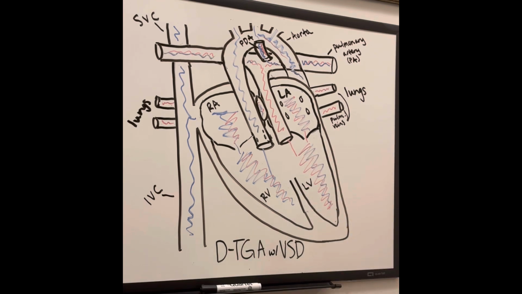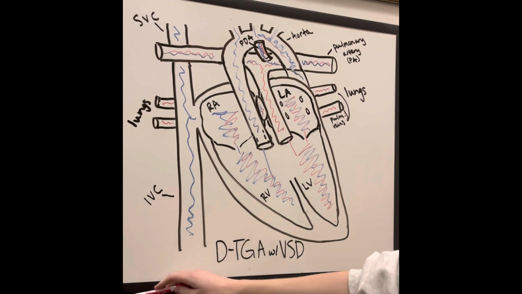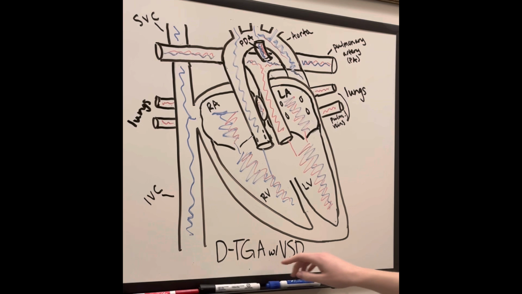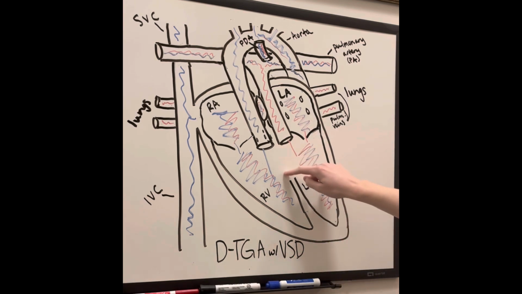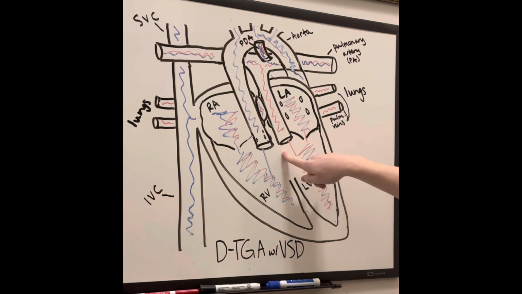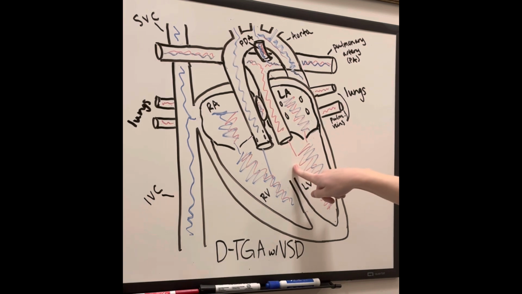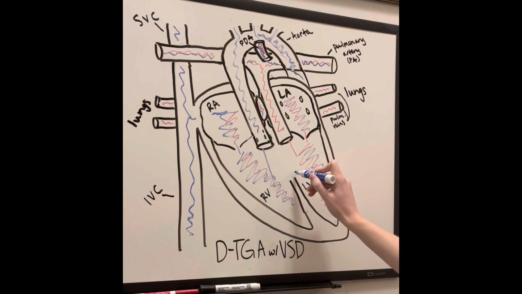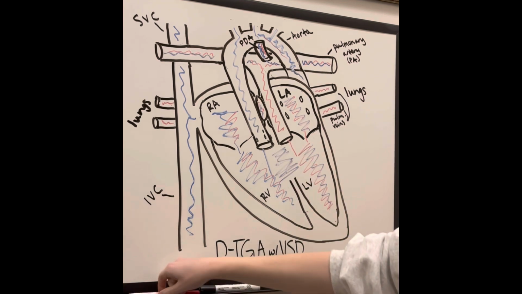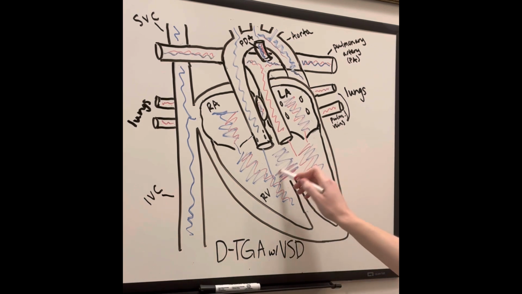And then what's specific to her anatomy, some kids with D-TGA have it and some don't, is this VSD, which is this hole right here between the ventricles. So that really allows for blood to mix, and it gets a little messy.